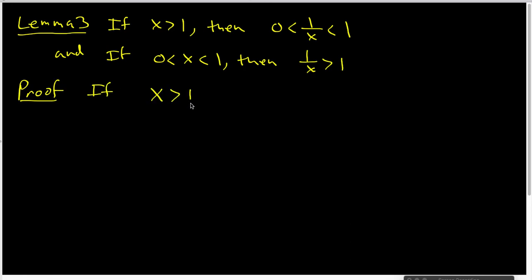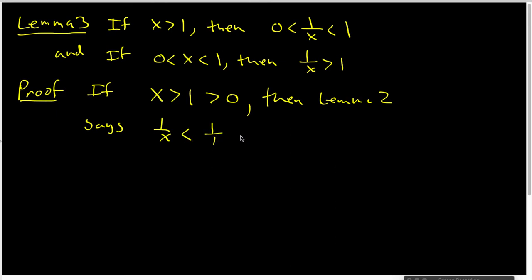If x is bigger than 1, and 1 of course is known to be bigger than 0, then lemma 2 says that 1 over x is less than 1 over 1. And 1 over 1, of course, is 1. So that says 0 is less than 1 over x is less than 1. That particular inequality there is technically by our first lemma.